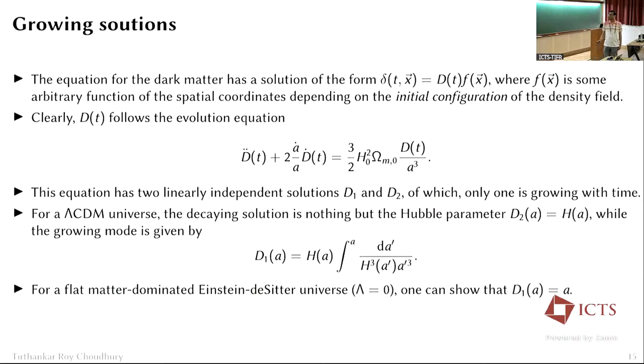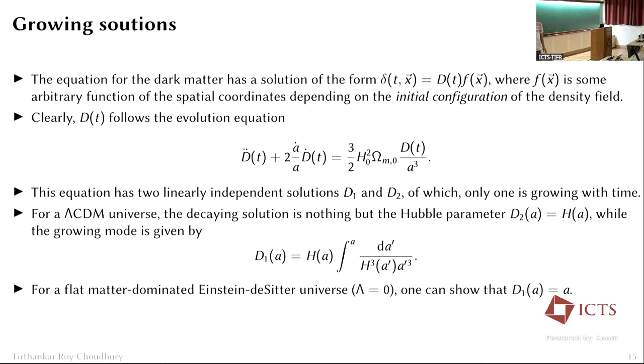In fact, this growing solution becomes quite simple for a universe which contains only non-relativistic matter. Remember what I told you at the beginning: for the redshifts we are interested in, most of the time we are okay with a universe which only has matter.